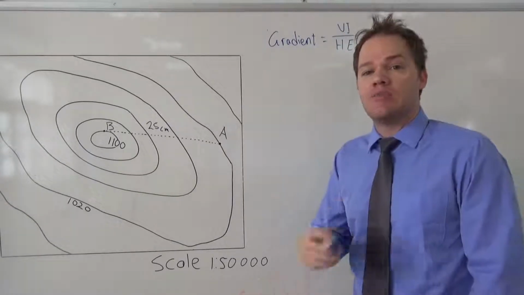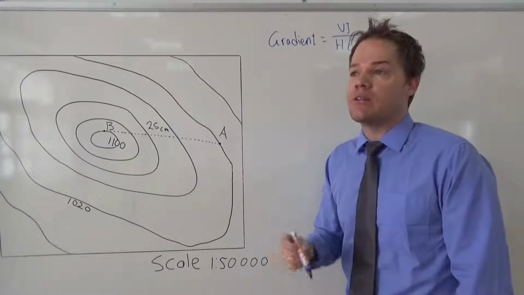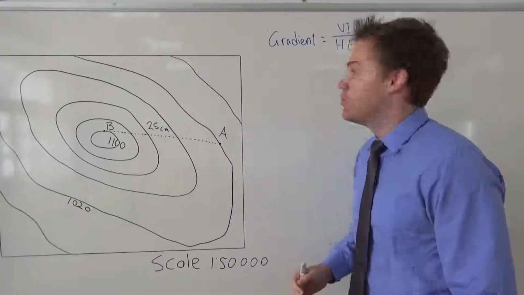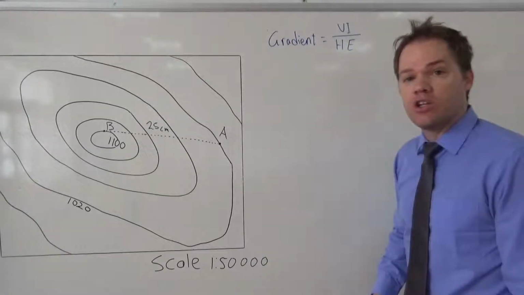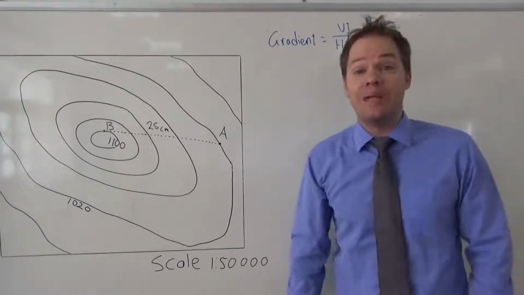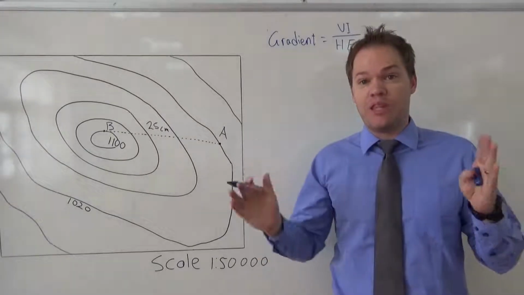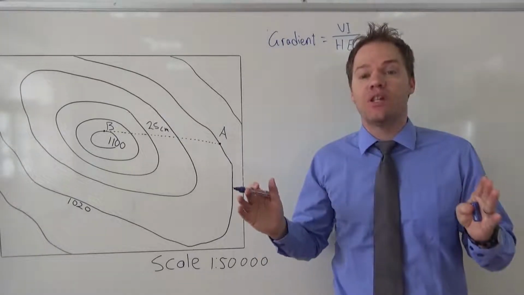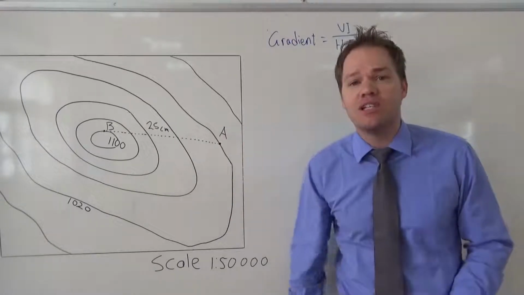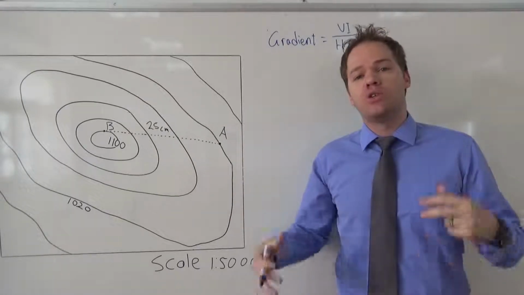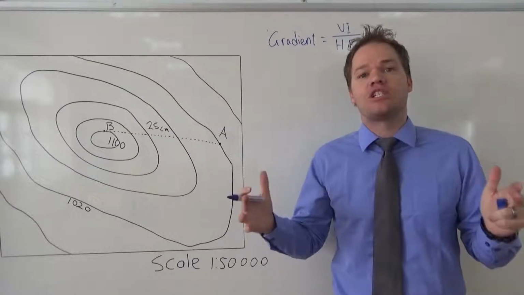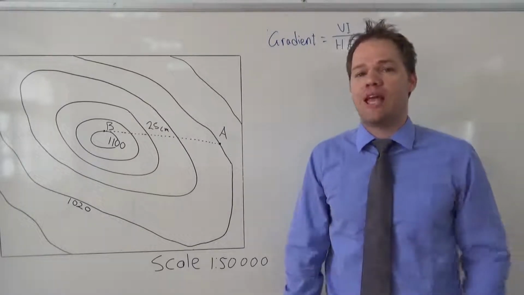So it's a simple calculation, 200 minus 140 or something like that. And the horizontal equivalent is simply the distance between those two places. So you are going to calculate, if you have 25 centimeters on your map, then you are going to calculate the real distance between those two places.